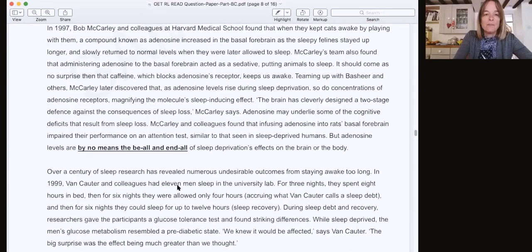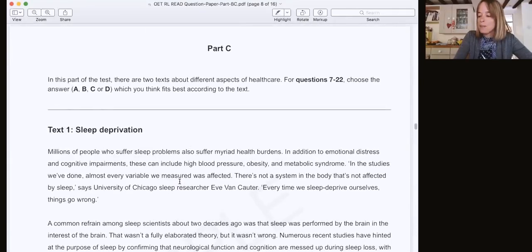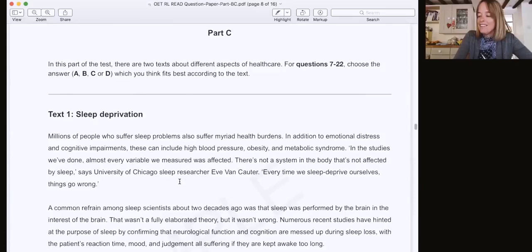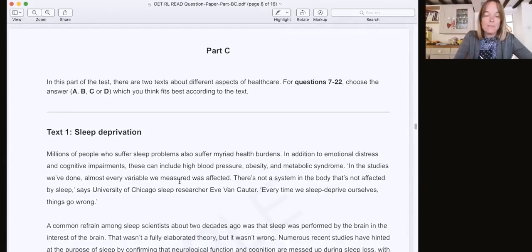Basically, part C tests your ability to read for detailed information. But it's a good idea, before you start reading the questions, to get a very, very general idea of what the text is about.